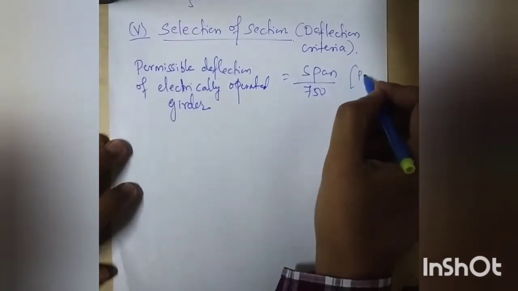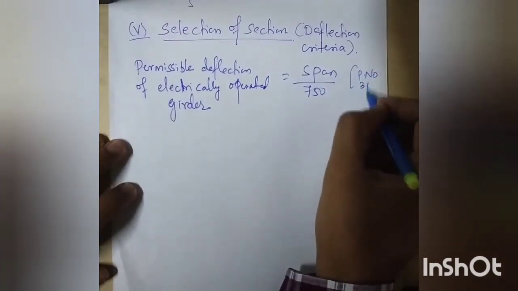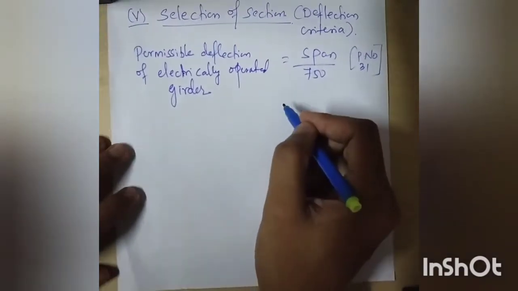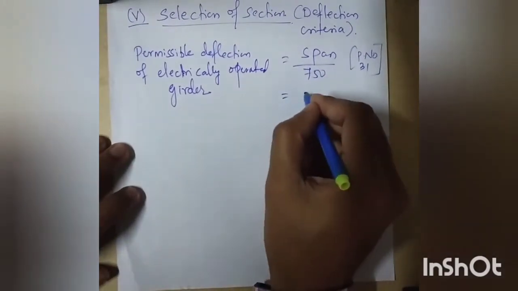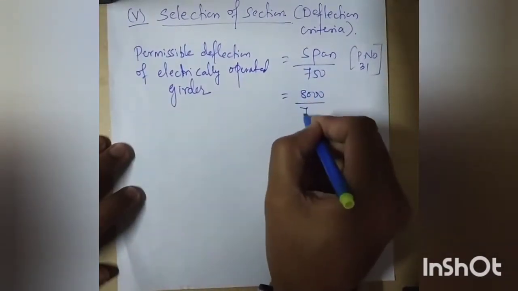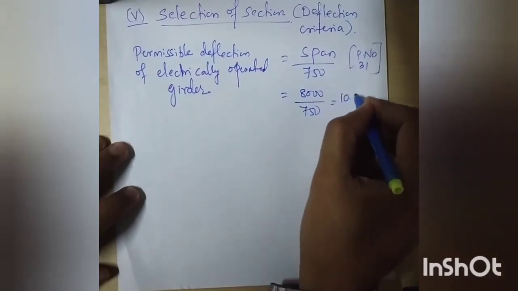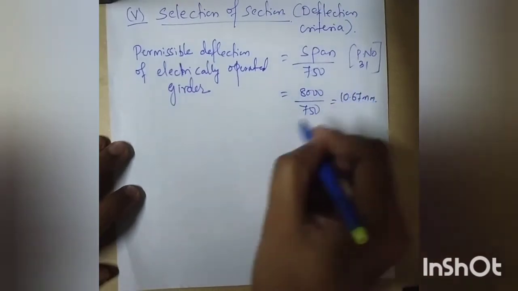You can refer to page number 31 of IS 800. So which is 8000 divided by 750, which is 10.67 mm.